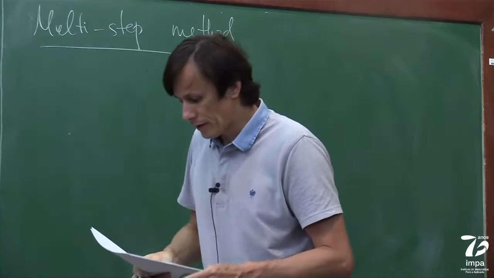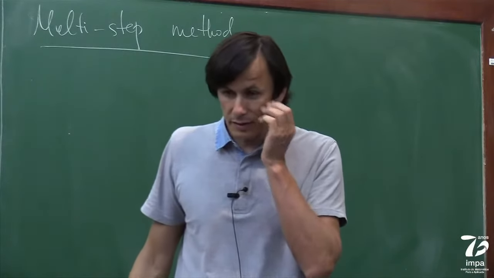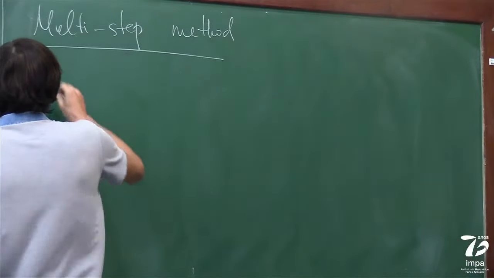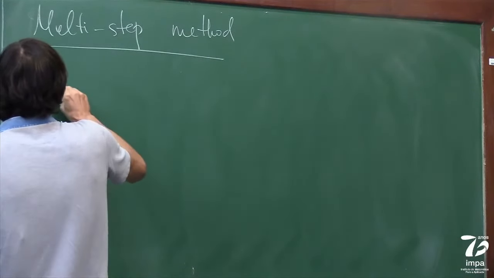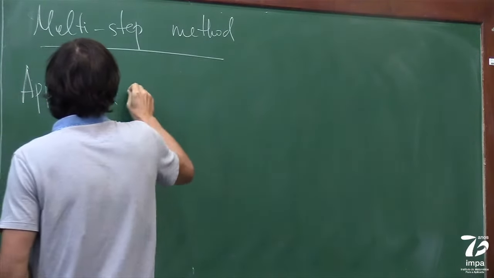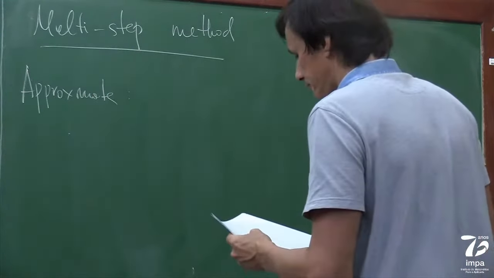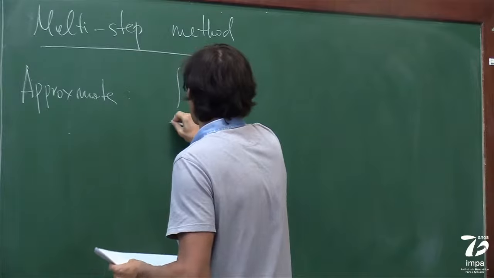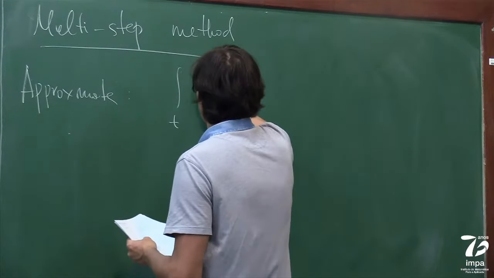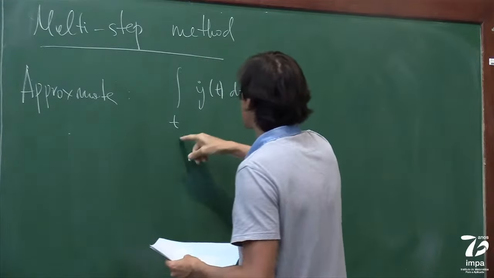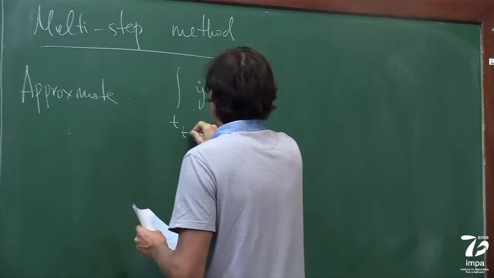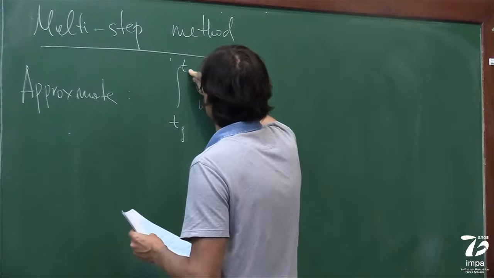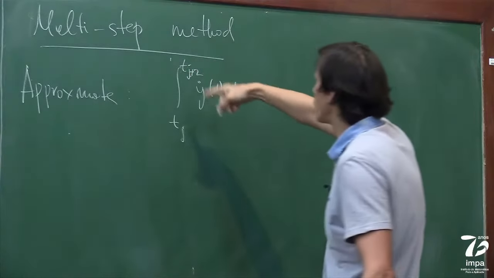So the multi-step method we can derive more or less in the same form as we did for the single step. So we approximate the exact equation. The exact equation is, remember, the derivative integrated between two times, but now we integrate between time tj and tj plus 2, so between 2 points.